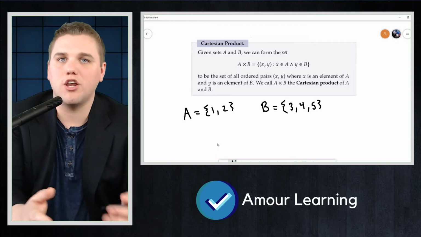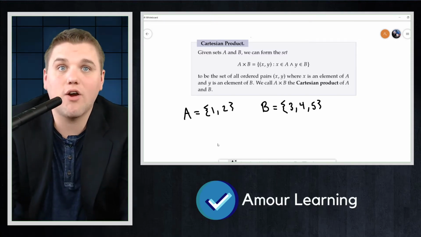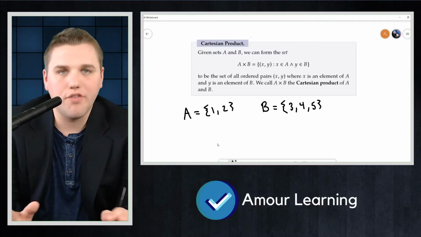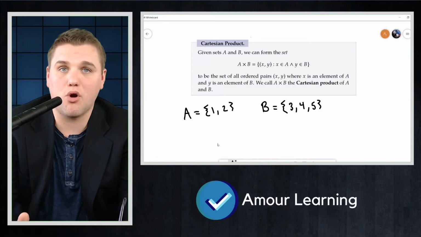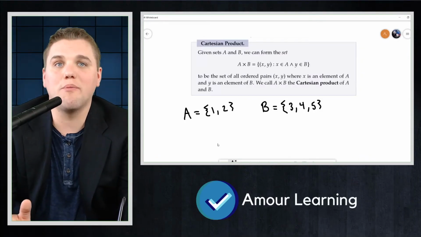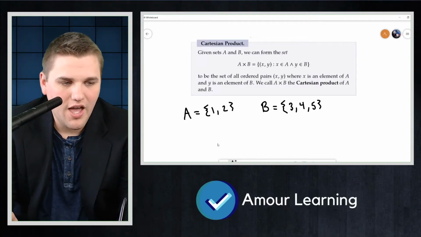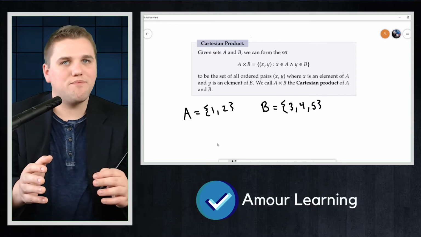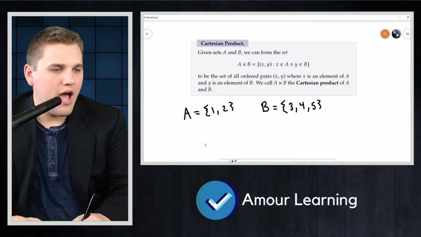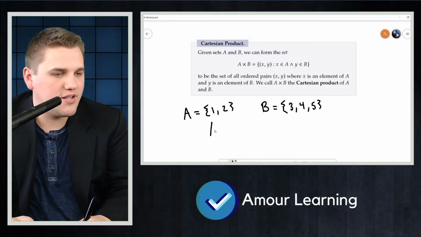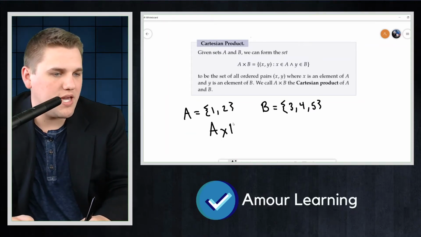When you took algebra and you saw graphs, an XY graph, all of those points represent the Cartesian product between the real numbers and the real numbers. And so in this case, you can think of doing the same thing. You're crossing A and B.